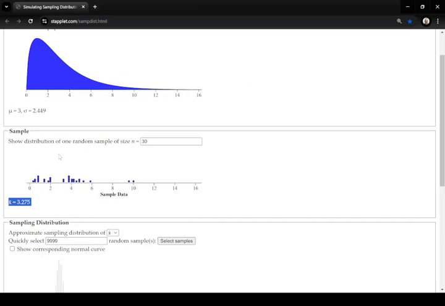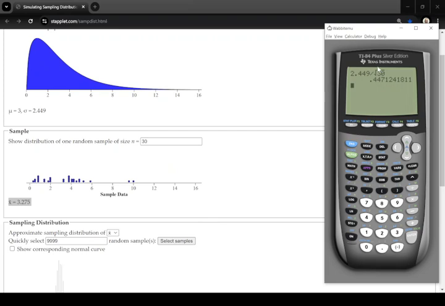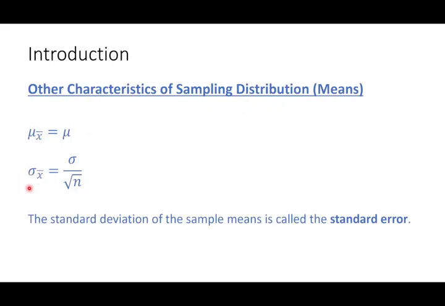So just to sum that up again, this value tells me how close my sample mean is to the real mean, give or take. Okay, let's move on. So this is called the standard error, and we'll be using this formula.